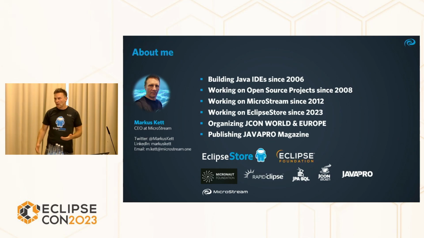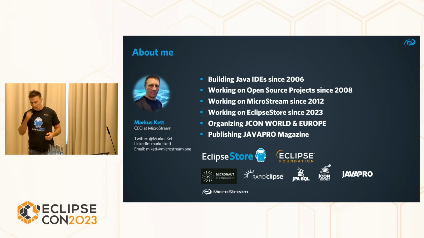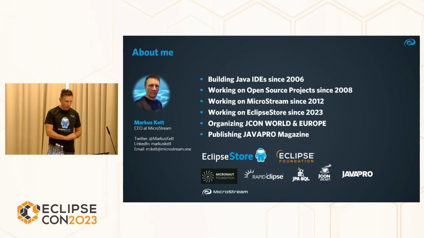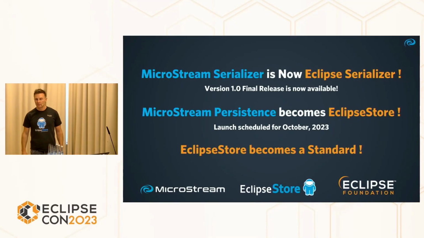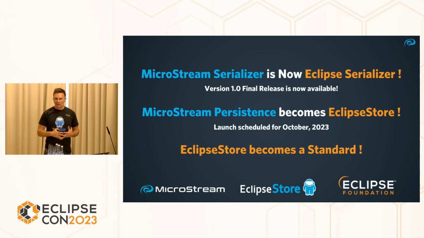We also work on open source projects for many years, JPA, SQL. Then we started the Microservices project. It's also open source from the beginning under EPL. And now we are super happy to announce that Microservices is now split into two Eclipse projects.